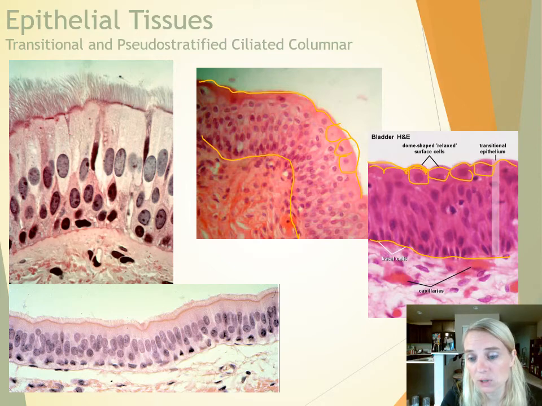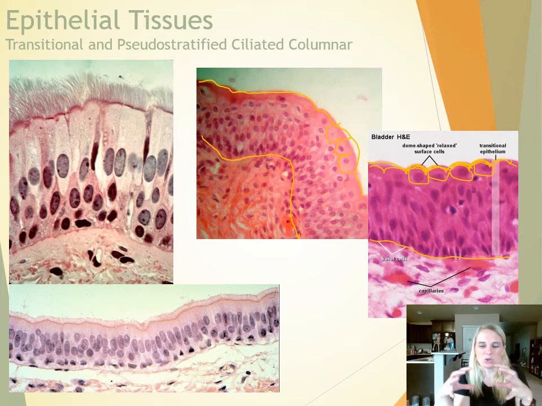I tried to accentuate that in my little drawings here. So these are dome shaped cells because they're all kind of scrunched and pushed up on themselves. So transitional, it looks like stratified cuboidal, but it's not. Those dome-shaped cells. And true stratified cuboidal usually only goes to 2 layers thick. This is way too many layers to be a true stratified cuboidal.